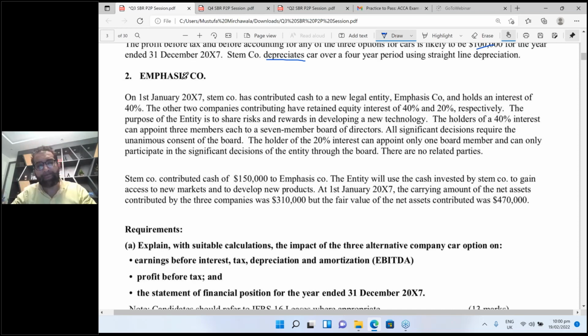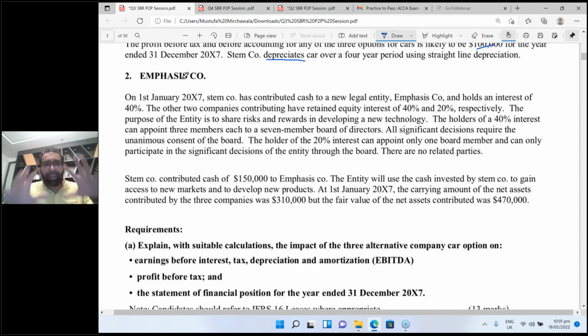For example, there are three people, and if they claim they have joint control, it means we need a yes from all three of them, we need a vote from all three of them in order to implement any significant decision. If one of them says no, that thing cannot be changed. So the basis of this IFRS 11 is joint control. Joint control, this is a must.